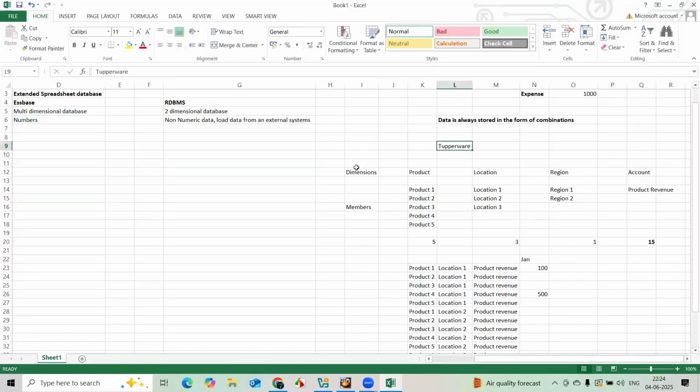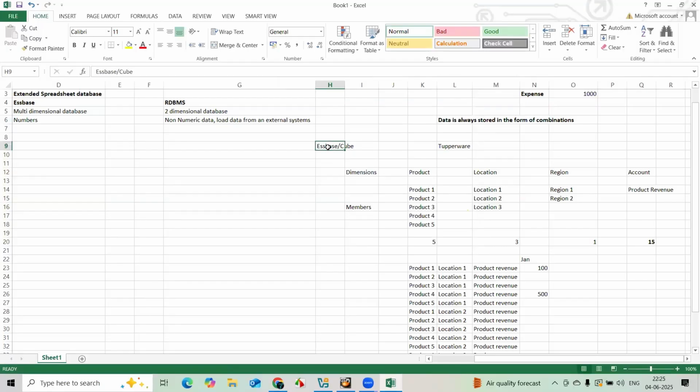Within the dimensions, members will be available, and all these members will be available in an Essbase. In everyday language, if you talk to other EPM consultants, they won't call it Essbase, they will call it a cube, especially the people who are working on EPM cloud, like PBCS applications or FCCS applications. They will always call an Essbase a cube.